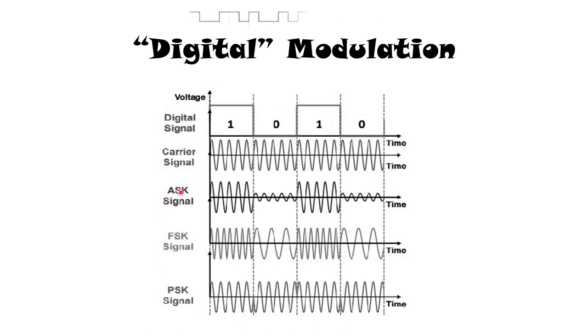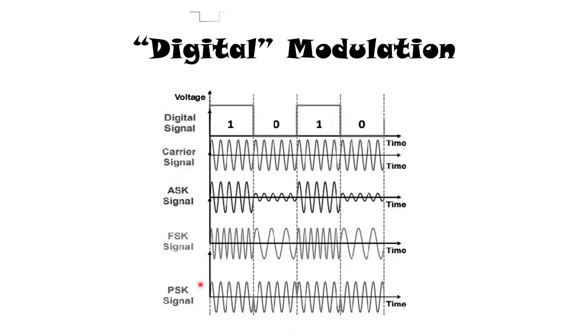So ASK stands for amplitude shift keying, and it's the correspondent to amplitude modulation, but in this case we have only two values, so we have up, down, easier. Frequency shift keying, the equivalent of frequency modulation. Again, we use slightly different frequencies to encode the two values of 1 and 0.